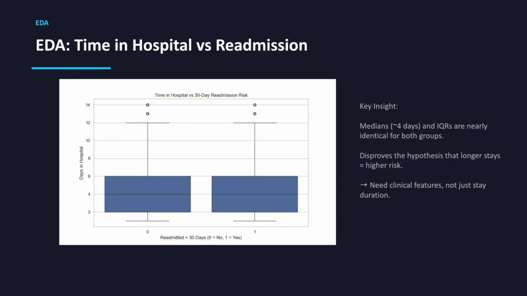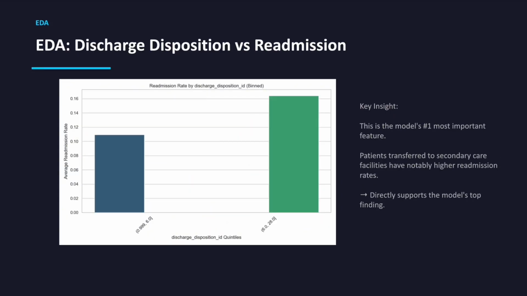Finally, we looked at discharge disposition, which turned out to be much more meaningful. This represents where a patient goes after leaving the hospital, like home, rehab, or any other facility. Here we observed a clear pattern. Patients transferred to secondary care facilities have noticeably higher readmission rates. This reflects the patient's condition at discharge and the continuity of care.